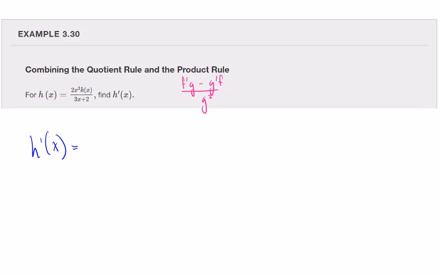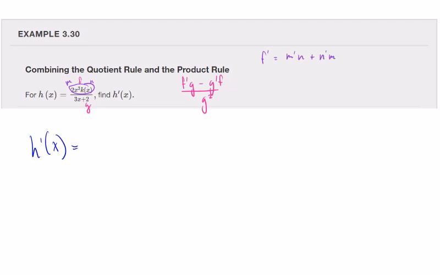All right, so if this is f and this is g, then what I'll get is the derivative of f, and that's where we now have to use the product rule, right? So for the derivative of f, let's call this m and this n. Then the derivative of f is going to be m prime n plus n prime m.